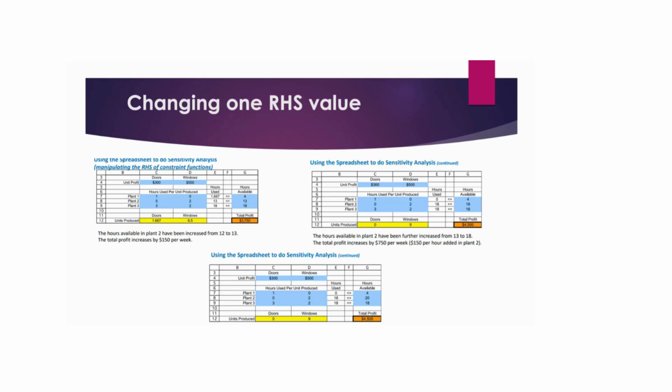Usually the practice is to transfer hours available from plant 2 to plant 3 or from plant 3 to plant 2. The two plants are connected. Therefore, the two right-hand sides are connected as well, such that a policy is bound to affect the hours available in both plants.